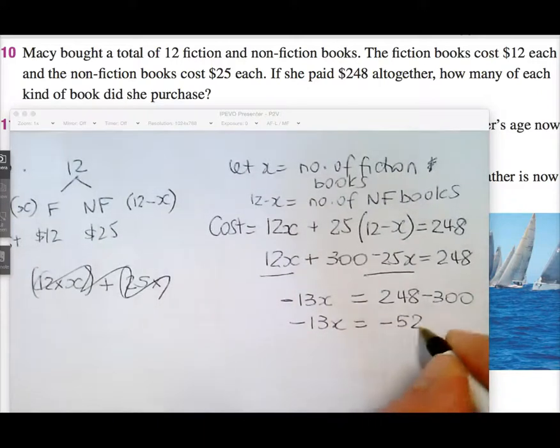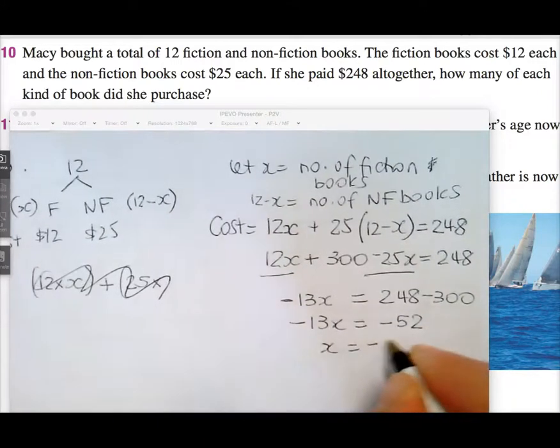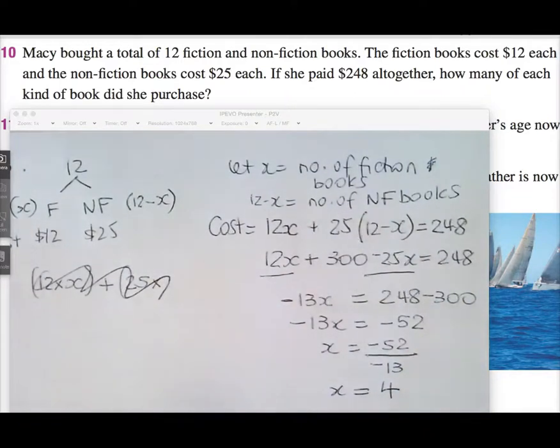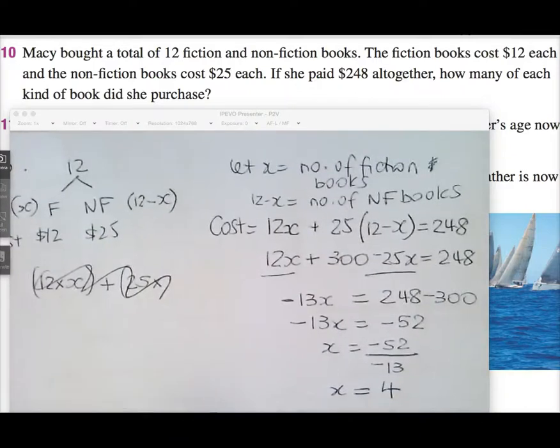X is negative 52 divided by, what am I dividing? Negative 13, not positive 13. So x is 4. 13 and 13 is 26 and double that's 52. So therefore, how many fiction books? X is 4.